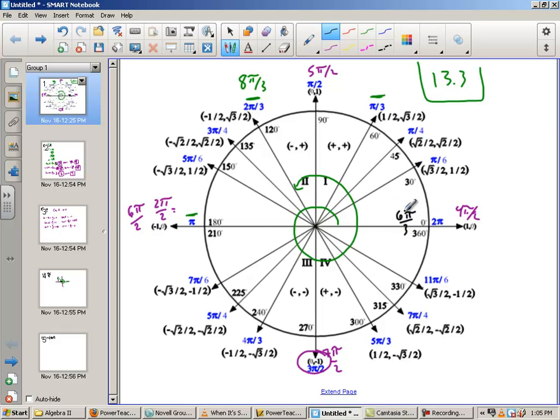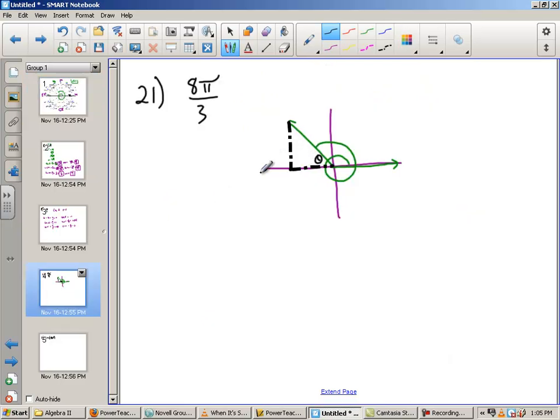So I don't care about that. I want to know how many more pi thirds did I use. Well, to get from 6 to 8, I had to use 2 pi thirds. That makes sense. How many pi thirds would it take to get down to pi? Well, I would need 3 pi thirds, so I'm missing 1. So I know that this angle, theta, is actually pi over 3.